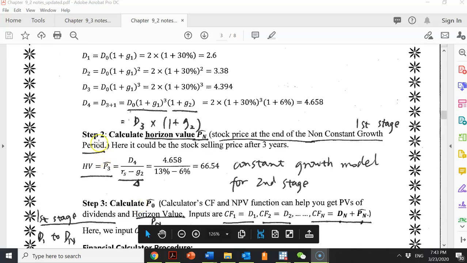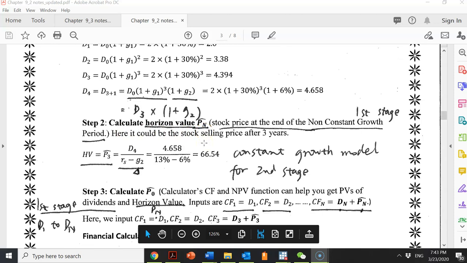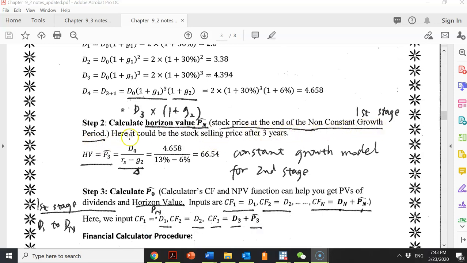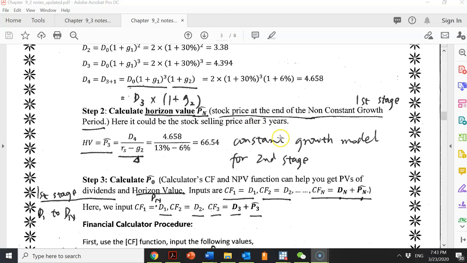Okay, step 2, calculate horizon value Pn, the stock price at the end of the non-constant growth period, or the dividing date between the first and second stage. It could be the stock selling price after 3 years, or the stock value after 3 years. So the horizon value here equals P3, and it is D4 over Rs minus G2.